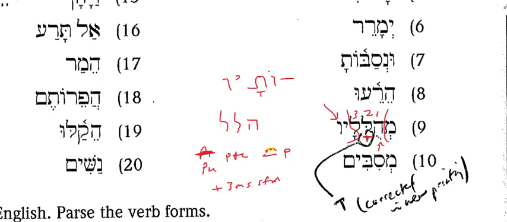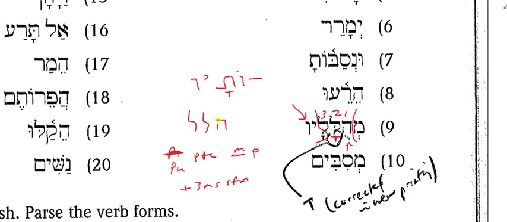It means to praise, right? To praise. So if I had a Piel participle, how would you translate that? Praising. So a Piel participle would be praising because whoever it describes is doing the action. But a Pual participle always makes the Piel passive if there is a Piel form.